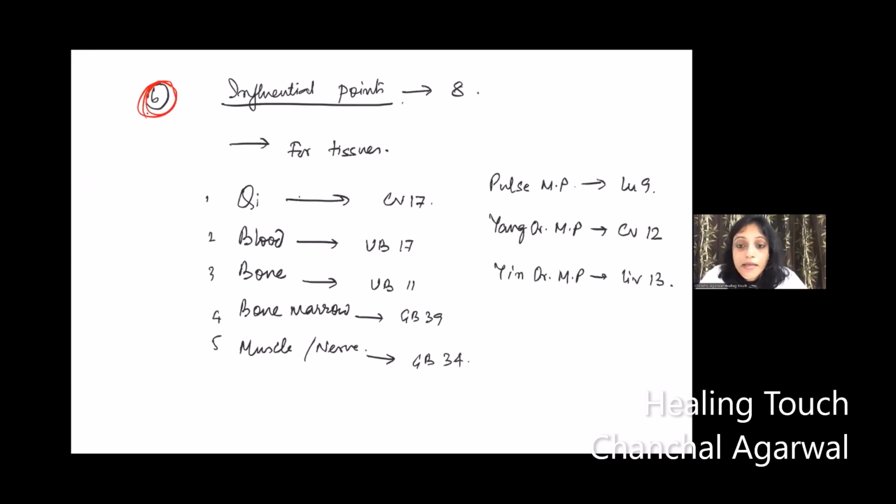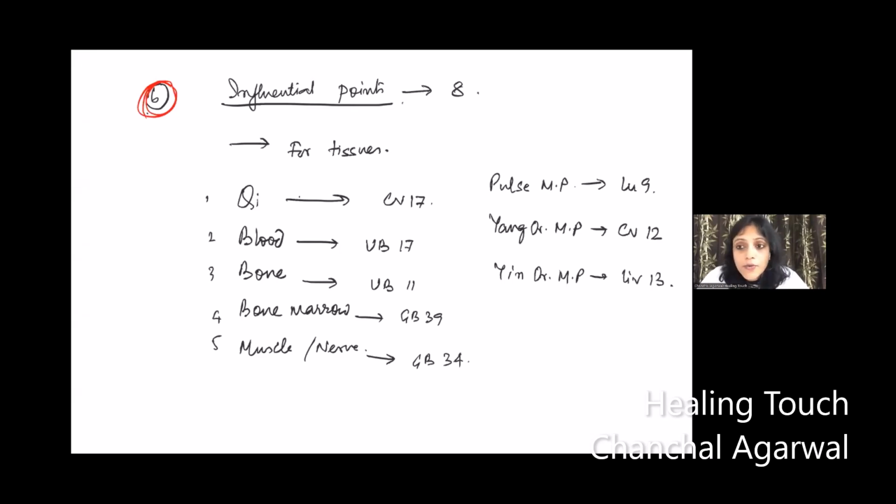Okay. And as we practice, we'll definitely remember what these points are and where they are located. You remember this? 8 points, which are the 8 influential points for tissues. So whenever you are treating bone, you have to choose UB11. If there is a fracture of the elbow or a dislocation of the elbow, and you ask me what protocol to use, you think it is related to bone.